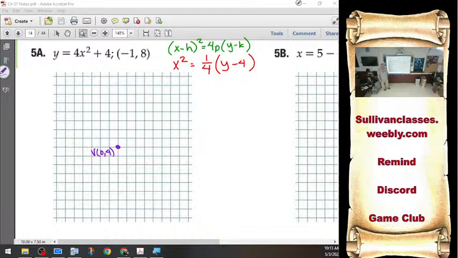What's the focus of it? Is it 0, negative 3 3/4?